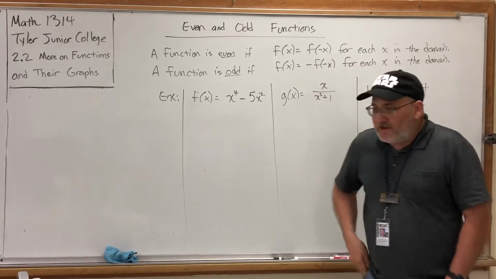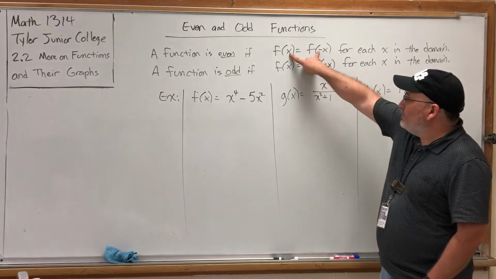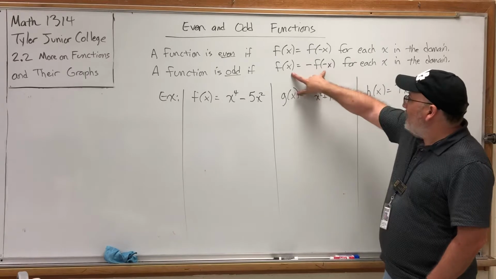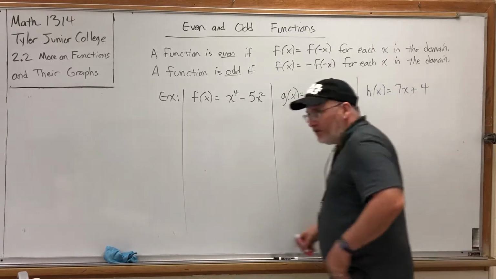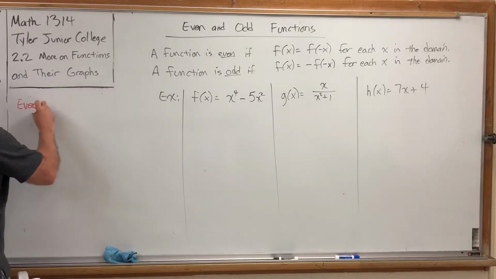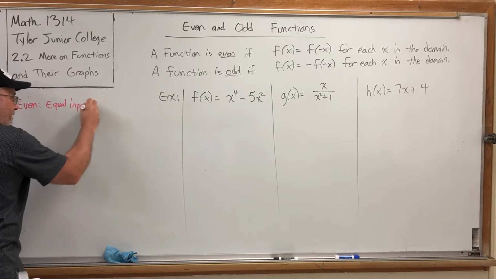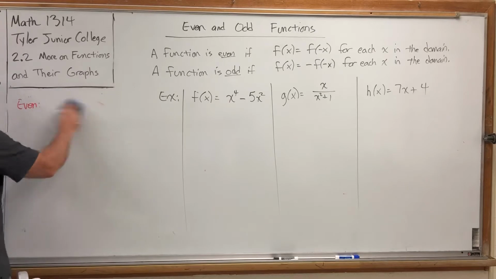So another way of thinking about it is even means opposite inputs produce equal outputs. Odd is opposite inputs produce opposite outputs. I think that one is worth writing. Even: opposite inputs imply equal outputs.